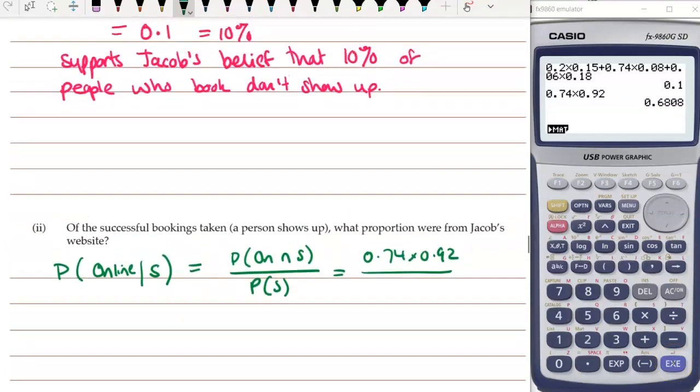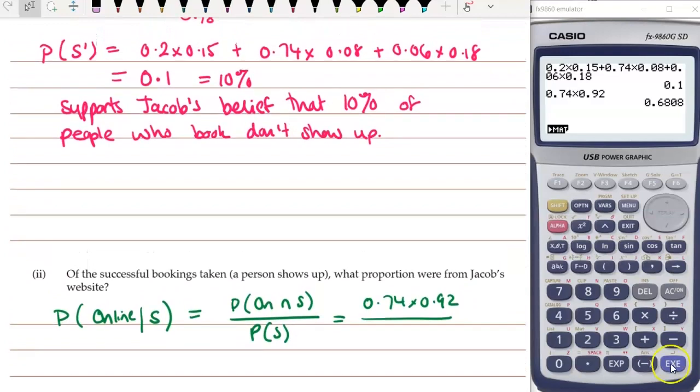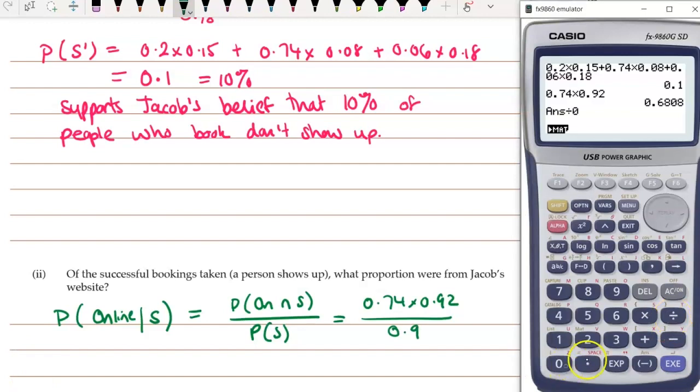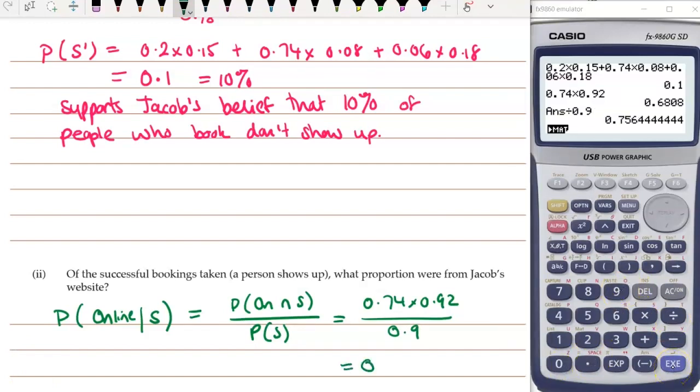And it's divided by the successful ones. Well, we just found out that not successful was 10%, so successful would be 0.9. Which comes to 0.7564.